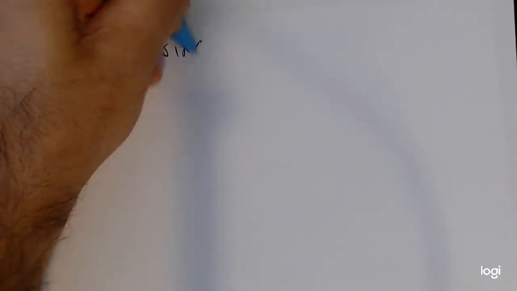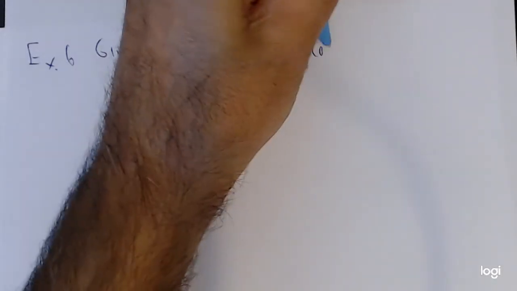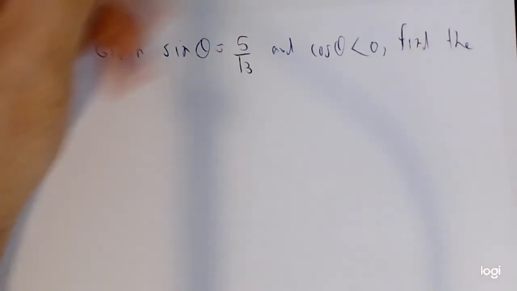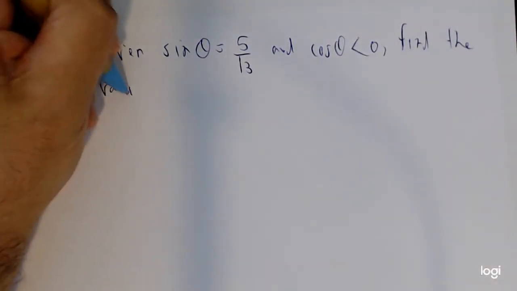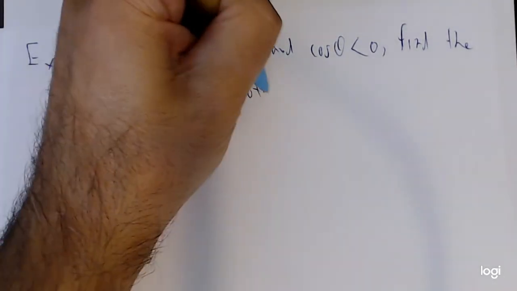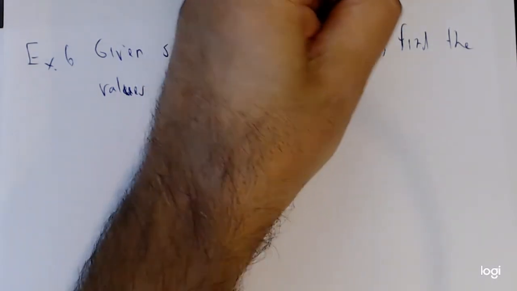So let's move on to one more example, and then we'll wrap up this section with one last type of angles. Given sine of theta is equal to 5 over 13 and cosine of theta is less than 0, find the values of the other trig ratios.